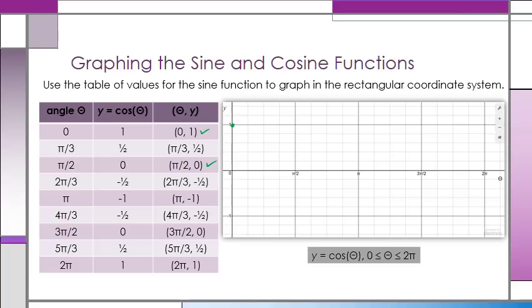The point pi over 2 is on one of my tick marks. So pi over 2, 0 puts me right on that horizontal axis. I'm going to go out to pi and then go down to negative 1. At 3 pi over 2, I'm at 0. And finally at 2 pi, I'm back at 1.